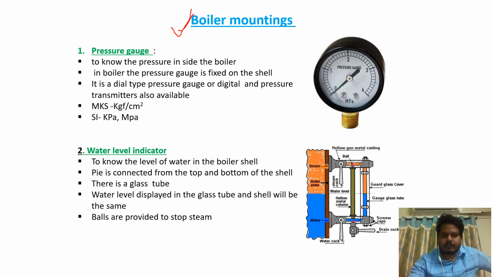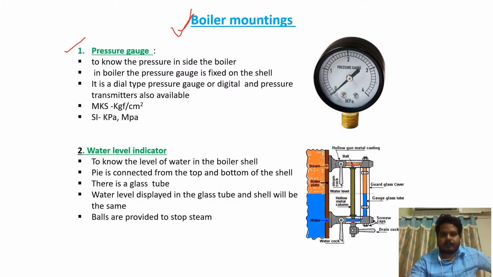Boiler mountings. Now let us discuss different types of boiler mountings. The first one is the pressure gauge. The pressure gauge is used to know the pressure inside the boiler. It is necessary that we know the pressure inside the boiler, because if the pressure exceeds the required pressure, the boiler may burst.